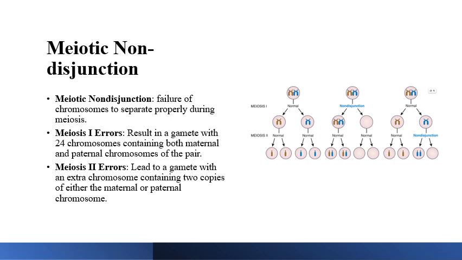Now, this results in gametes with either an extra chromosome or a missing chromosome. So an extra chromosome leading to something like trisomy 21, a missing chromosome leading to something like Turner syndrome, which is missing an X chromosome. Now, such abnormalities can lead to genetic disorders if these gametes are involved in fertilization.